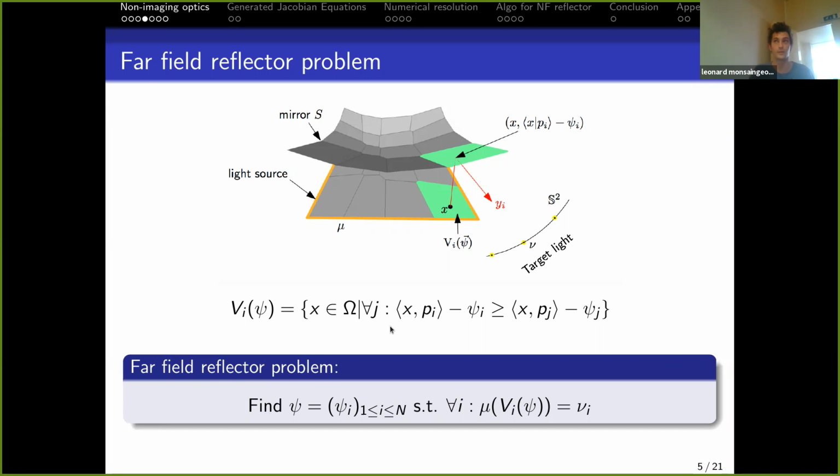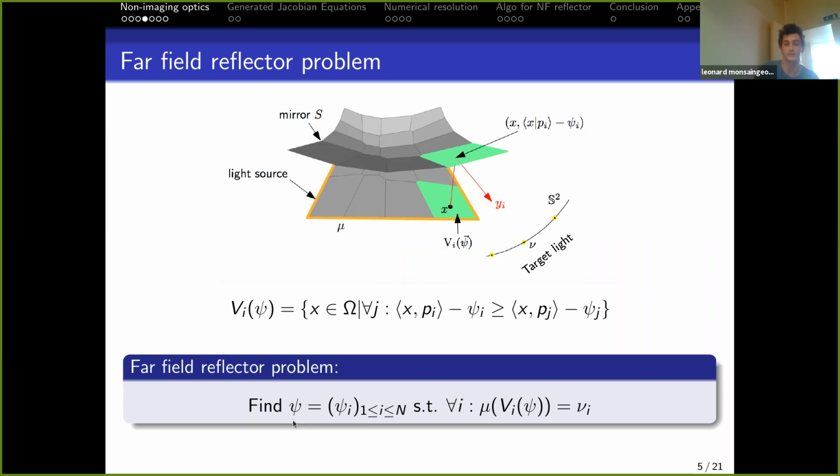And the aim of the far field reflector problem is to compute the heights of the mirror, psi_i, which are my variables. I forgot to explain this, but obviously I'm going to choose different heights for my different planes to aim at different targets. And this is what is going to impose that my mirror will have a bigger plane toward this or that direction and have a bigger visibility cell associated to each direction.